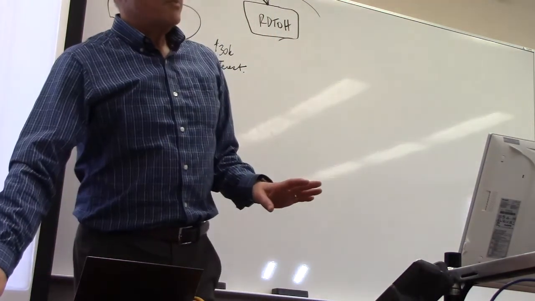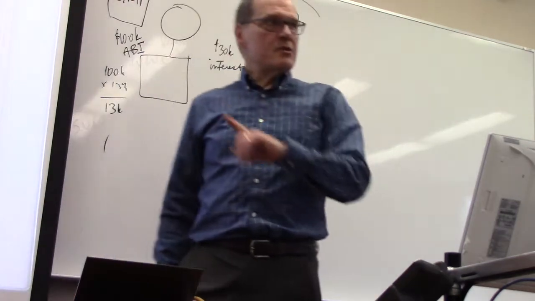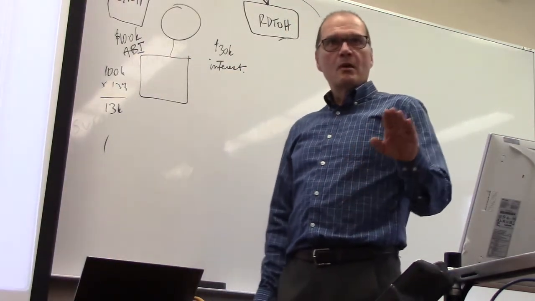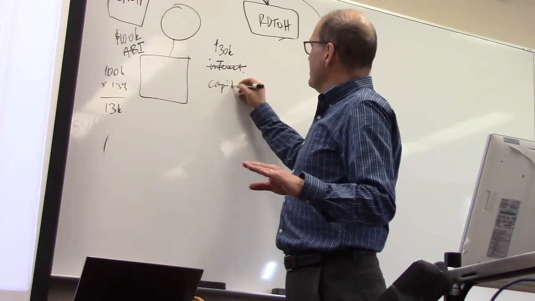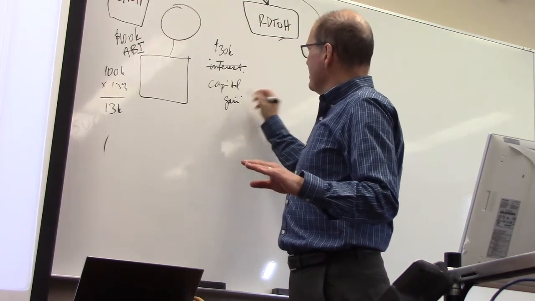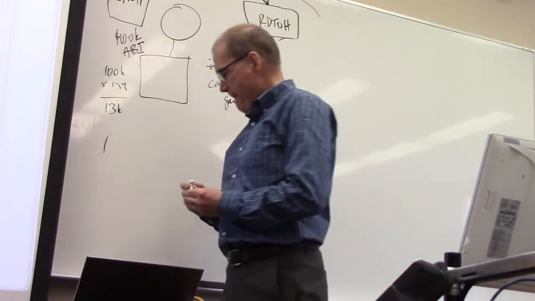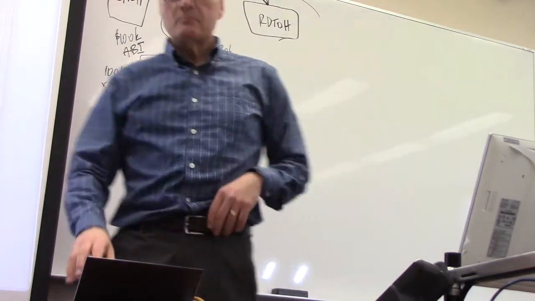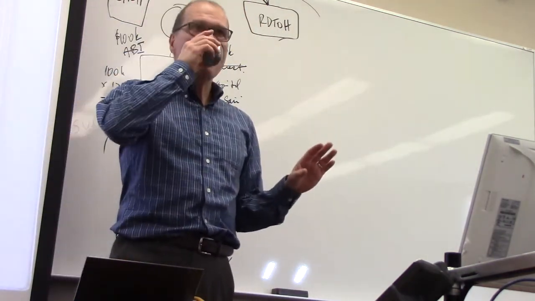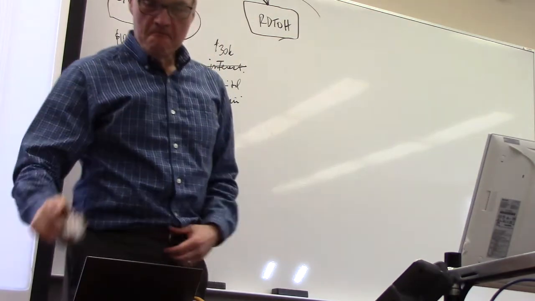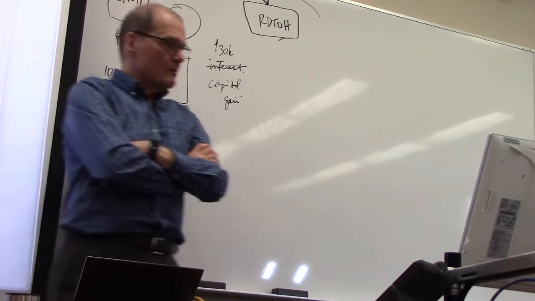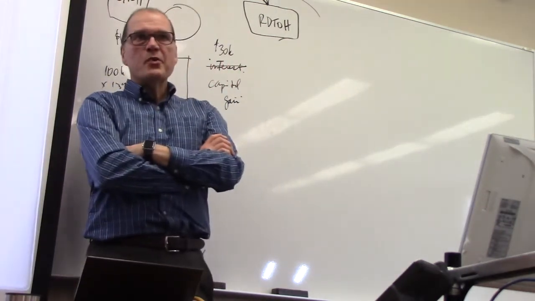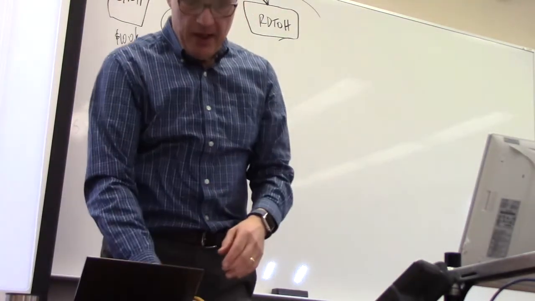Here's the next example. $30,000 worth of interest income. We're going to replace that with a $30,000 capital gain. Difference between business income and capital gain income.